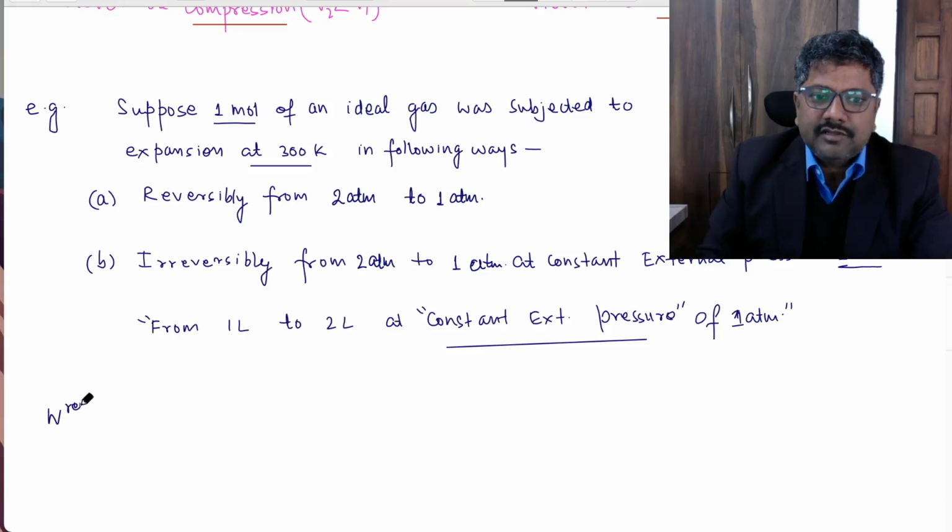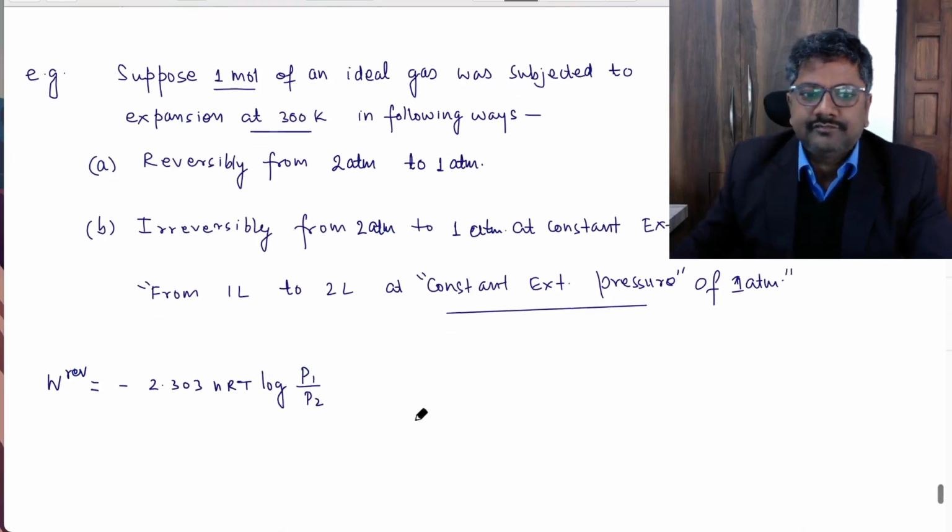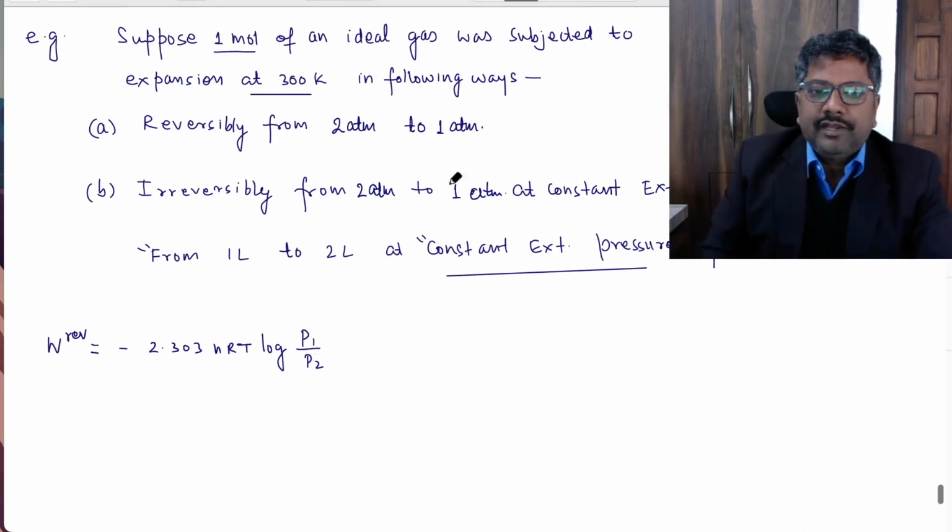W reversible is equal to minus 2.303 nRT log P1 by P2, right? So from 2 atm, P1 is equal to 2 atm and P2 is equal to 1 atm. It is given.